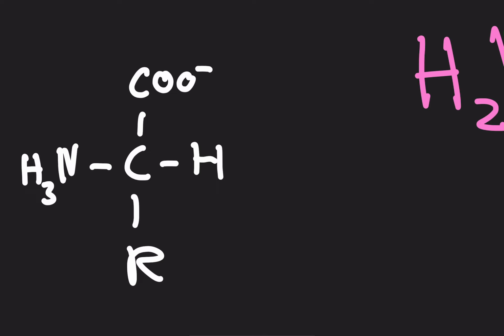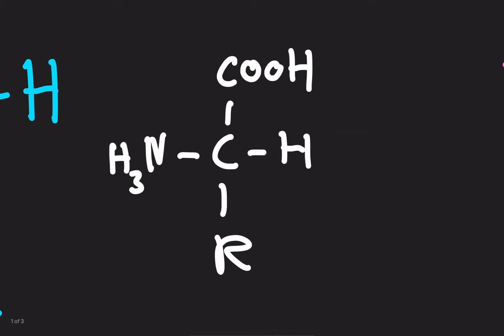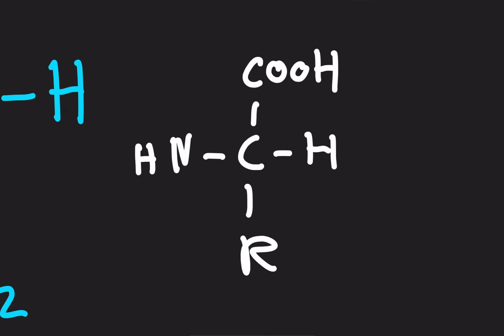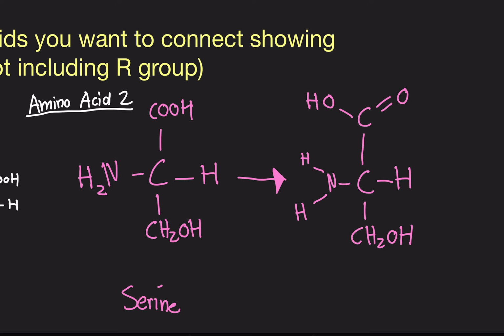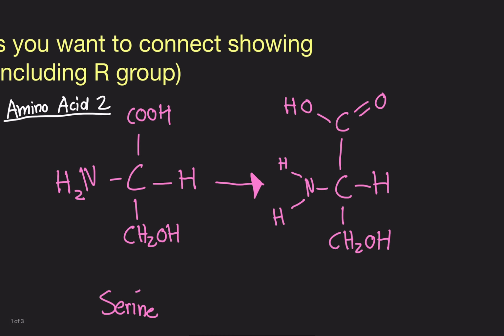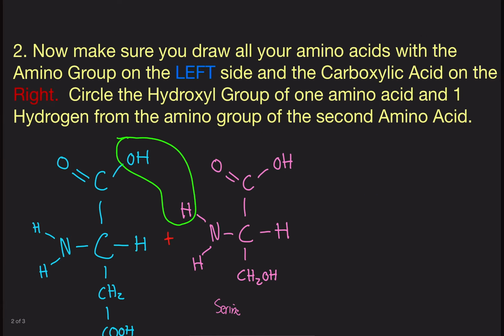Well, when you actually write out these condensation reactions, you need to draw the hydrogen for the carboxyl group, and you need to erase one of the hydrogens from the amino group. So it's an NH2. This is the only way this works. That's it. So on tests and exams, make sure you write it like how I'm writing it, as an NH2 and a COOH. Okay, that's the first step.